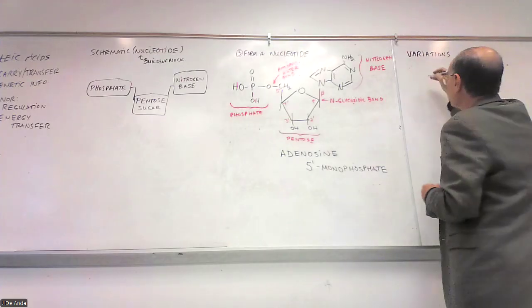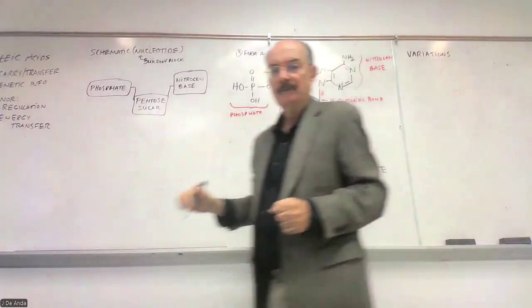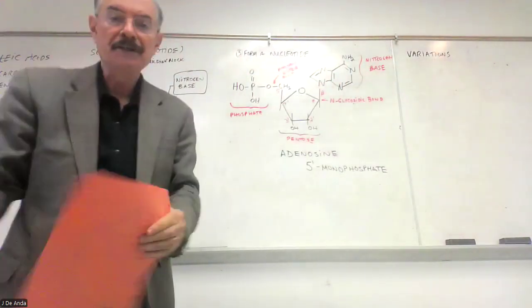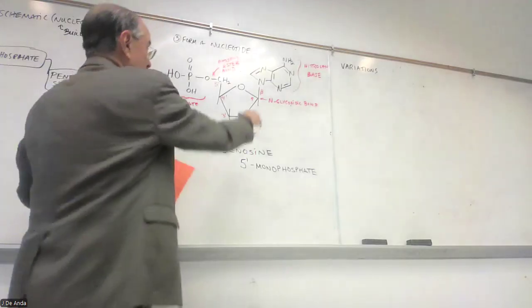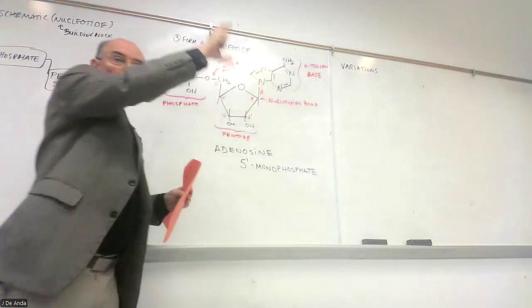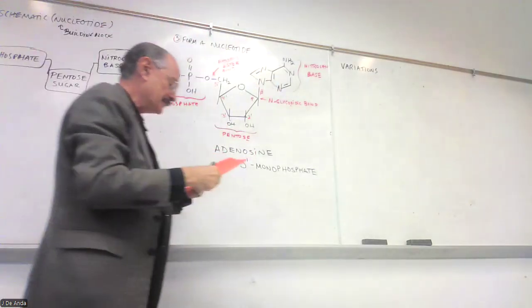I'm going to use some abbreviations, just to keep it easier to draw, so I don't have to draw everything out. I'm going to replace the full formula here with just letters to represent the bases.